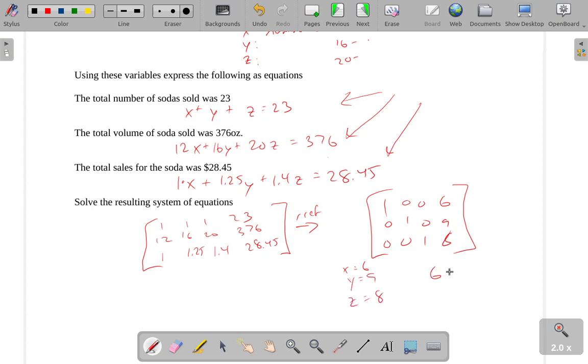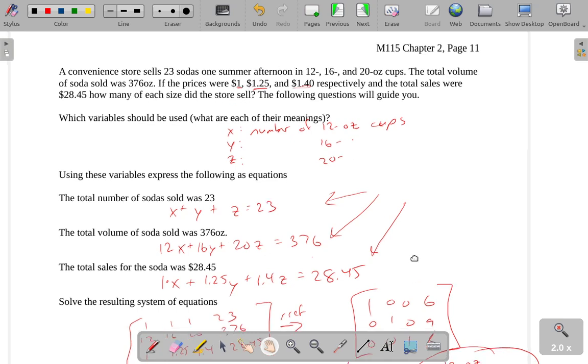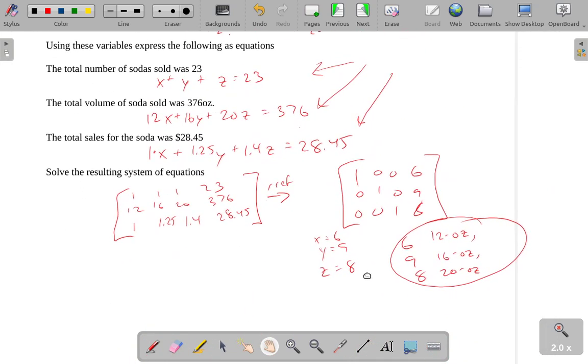In other words, 6 12-ounce cups, 9 16-ounce, and 8 20-ounce. I believe the actual question here was how many of each size did the store sell? Yep. And so there we go.